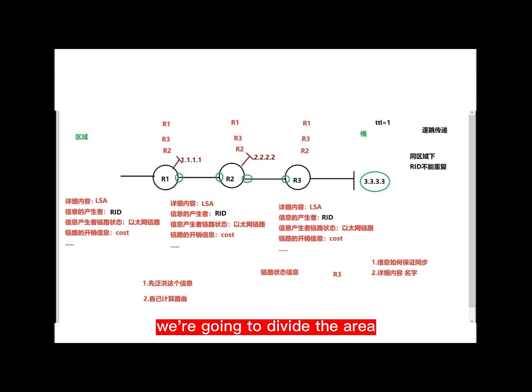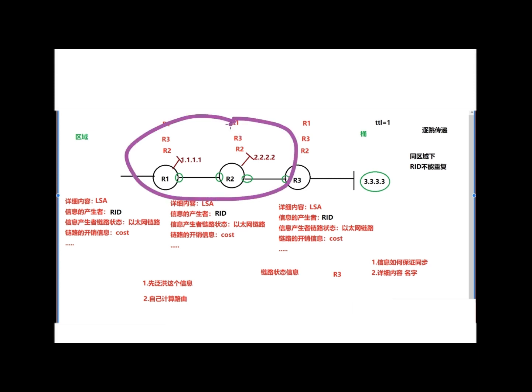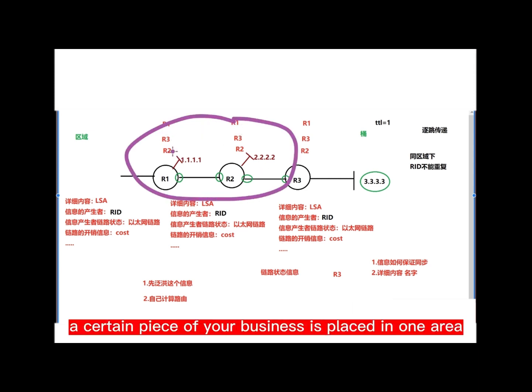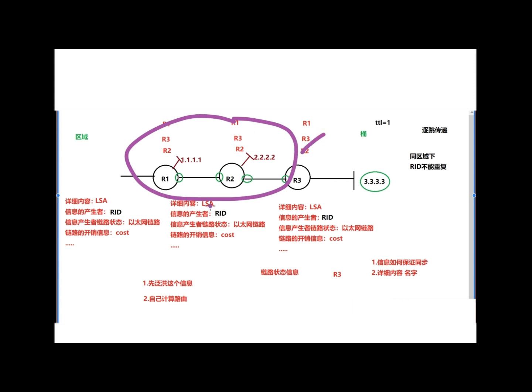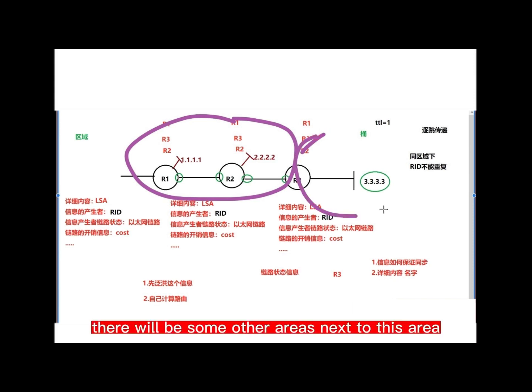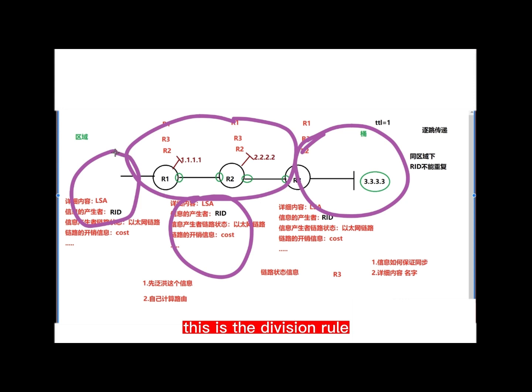We're going to divide the areas. For example, in the future you will find in a project, when we run OSPF, a certain piece of your business is placed in one area, usually the core business. There will be some other areas next to this area. This is the division rule.